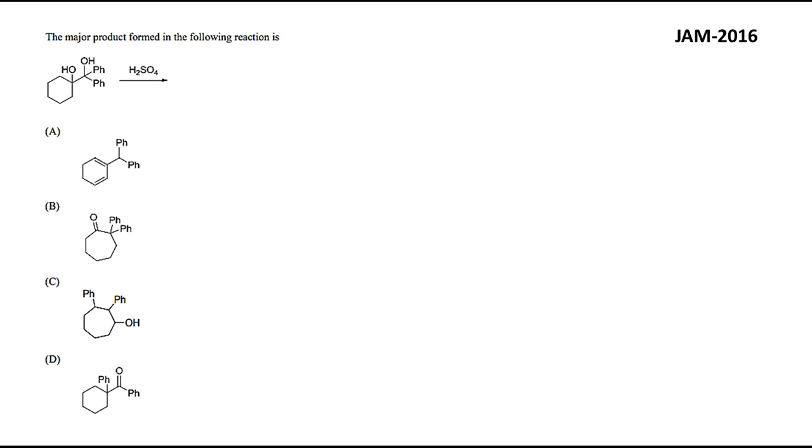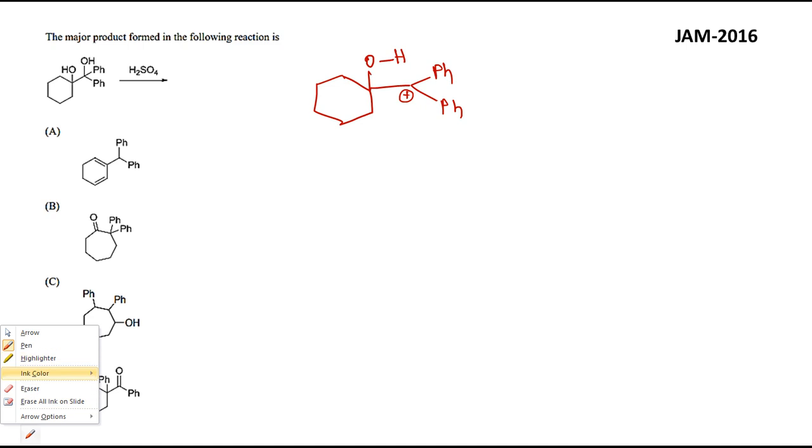Now which OH will you remove in the form of water? That OH where the positive charge will be stable. Now the positive charge will be stable towards the right hand side, because here you have two Ph groups. So with respect to both Ph groups, this is a benzylic position, so this positive charge is very stable. And finally there will be ring expansion. This OH bond will be broken, C double bond O formed, and this C-C bond will be migrating here.